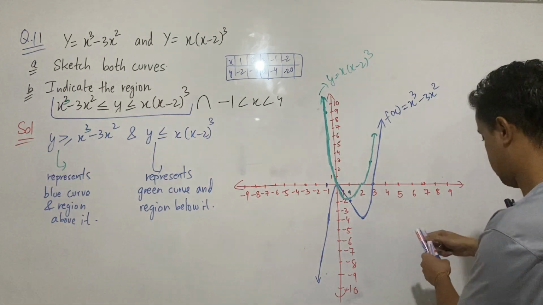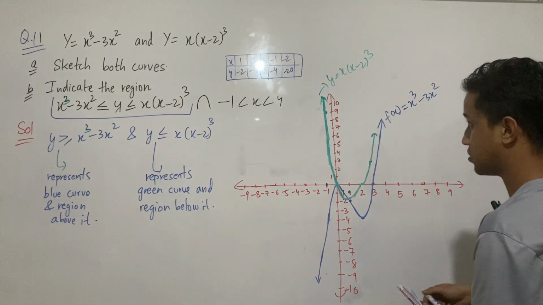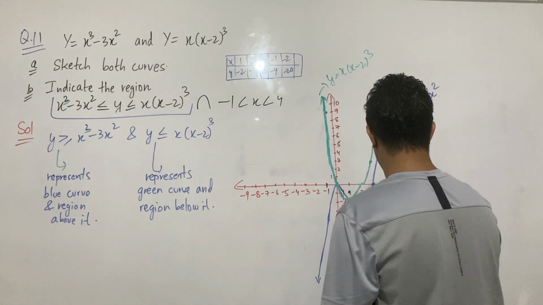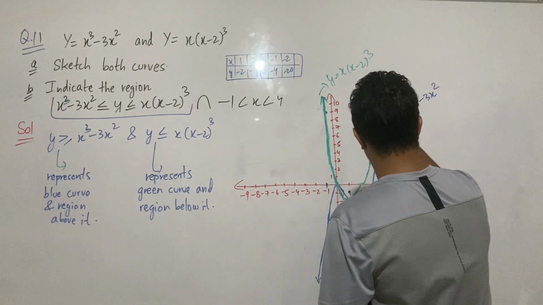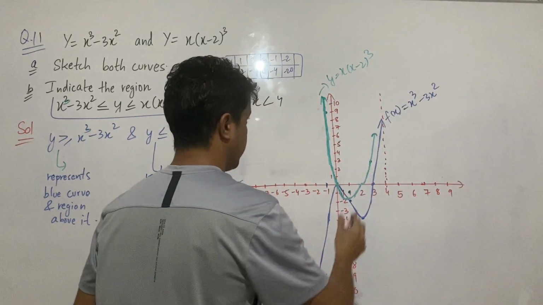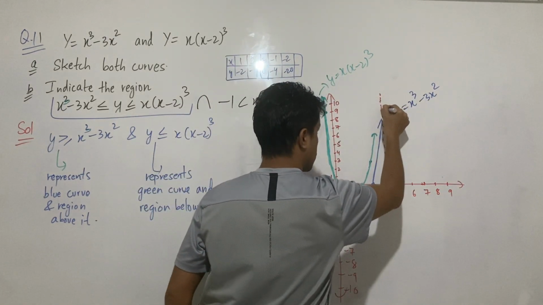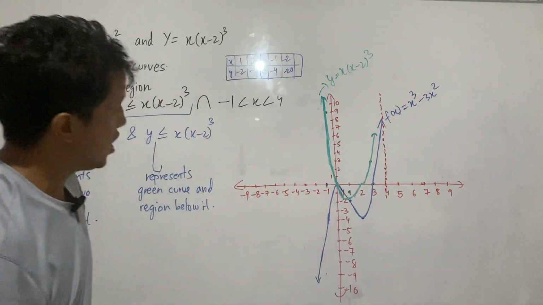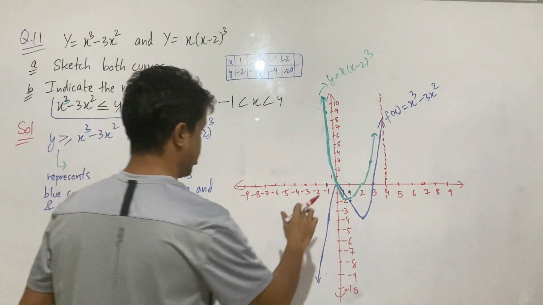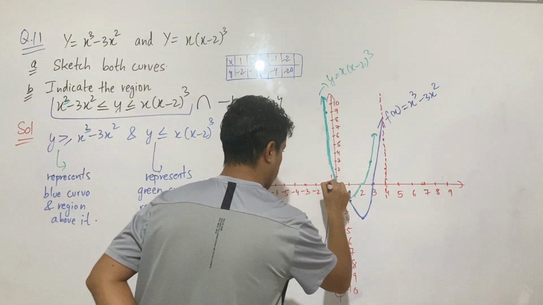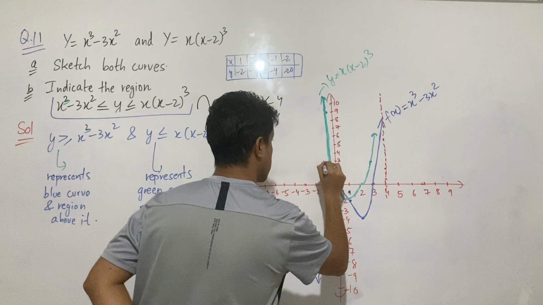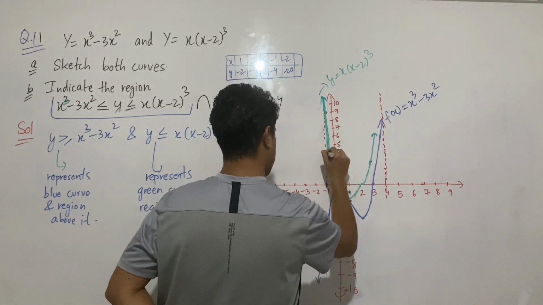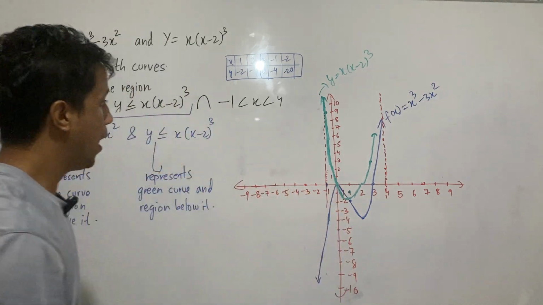Here this is x equals 4, so I can just try to make the boundaries, and here x equals -1 means this one.